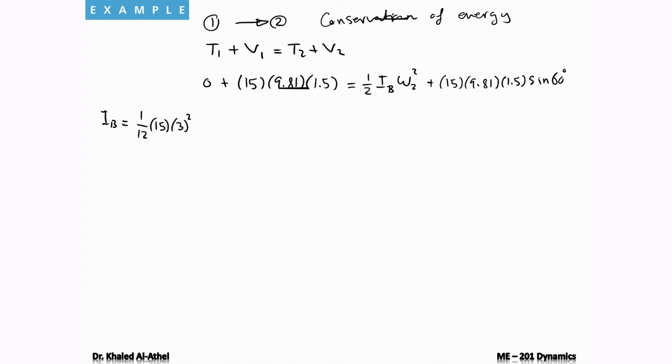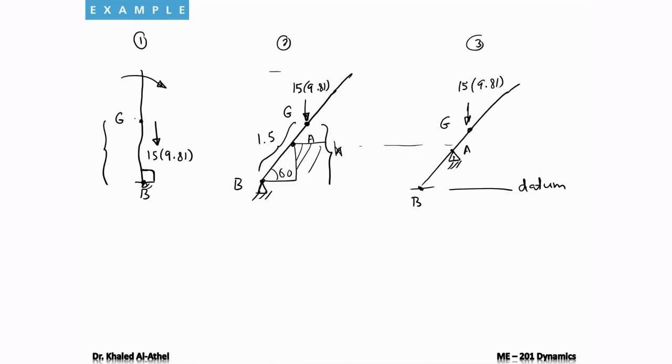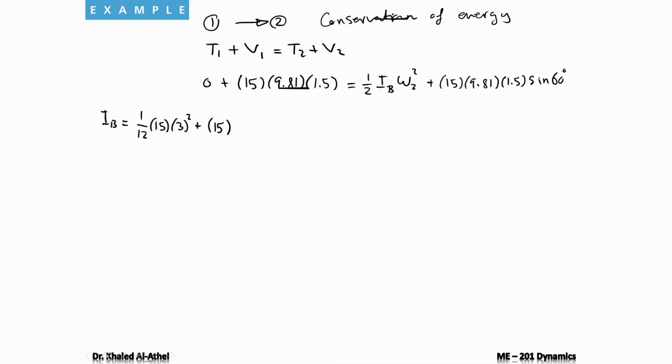So 1 over 12 m L squared plus m d squared, where m is 15, and d is the distance between the center of mass and center of rotation, which in this case is 1.5. So go back to your parallel axis theorem if you're not sure about this, and you can review it to know how to apply it here. This will give me 45 kilogram meter squared.